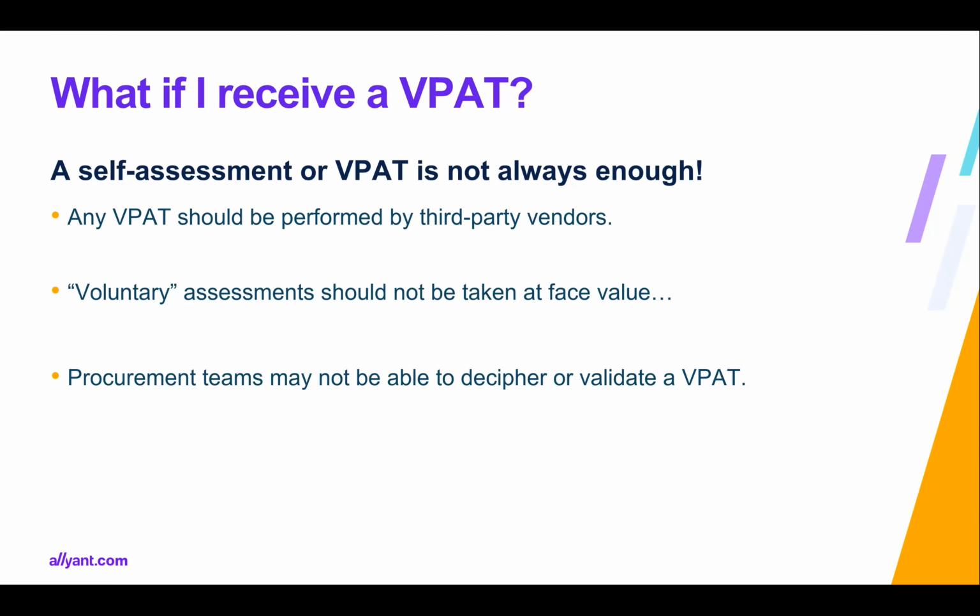Many organizations that we've talked to in the procurement space, and certainly this was our stance at the University of Montana, is that we give those very little weight. We had some organizations tell us they just disregard them, they'll throw them in the trash if it wasn't created by an independent accessibility vendor in the space. So I think really it's becoming almost table stakes now for being able to get your VPAT any credibility, is that it has to reflect that it is coming from that outside vendor.